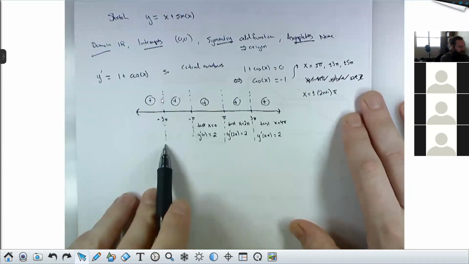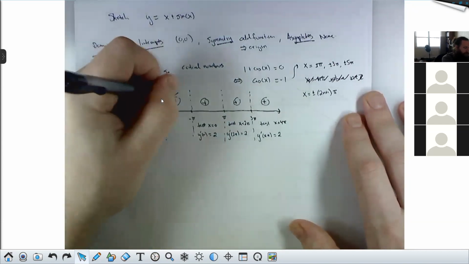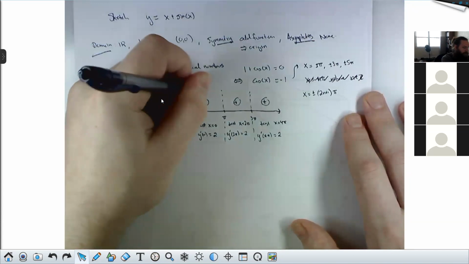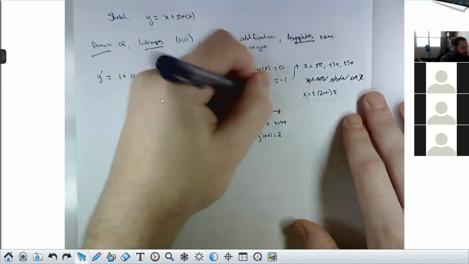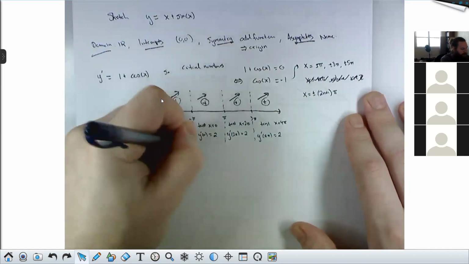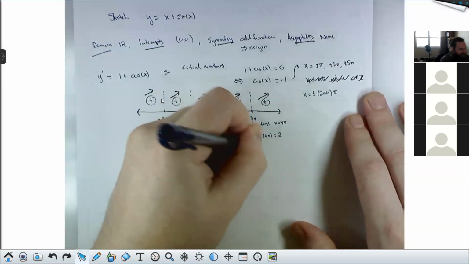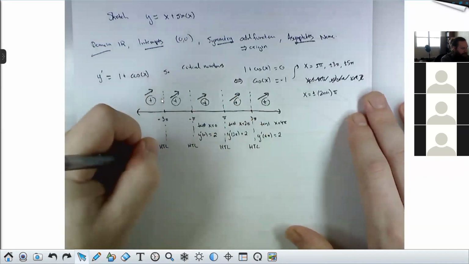But this is not a min or a max because we're increasing, increasing. We're not increasing, decreasing, we're increasing, increasing. So kind of what's going on here is that we've got these horizontal tangent lines. But they're not mins or maxes.